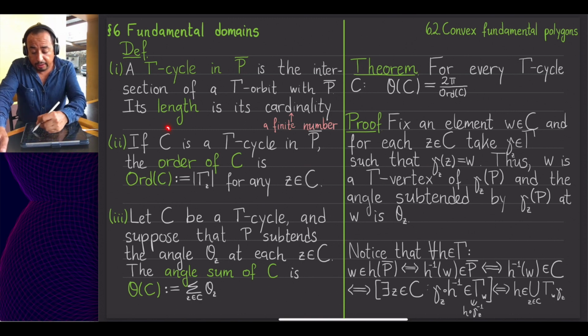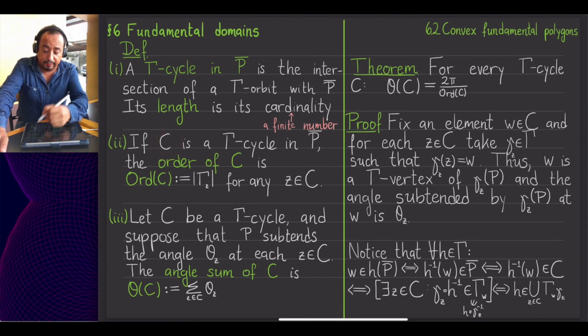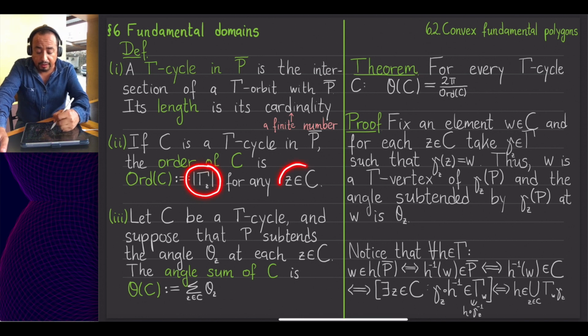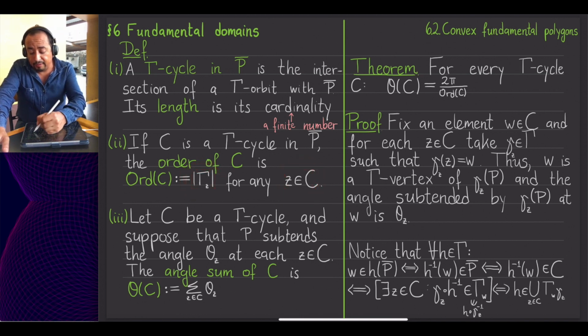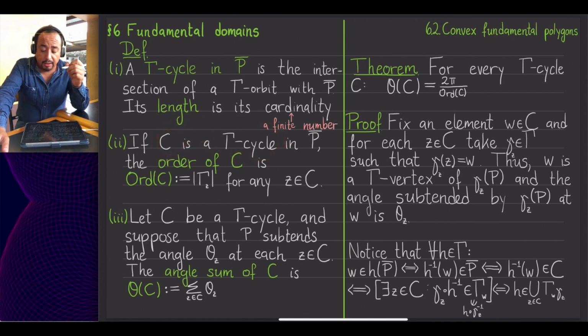The order is the order of the stabilizer of any of its elements. So you see, since if I have a gamma cycle, all its elements belong to the same orbit, the stabilizers of its elements are all conjugate inside gamma.